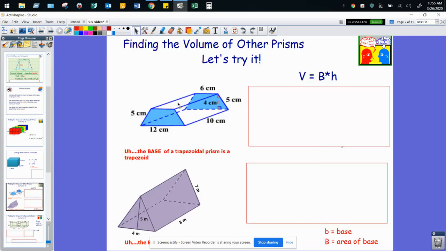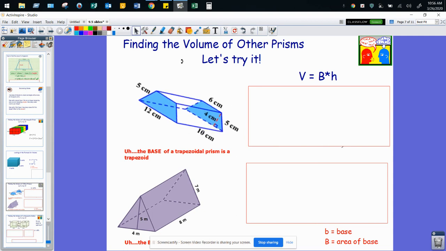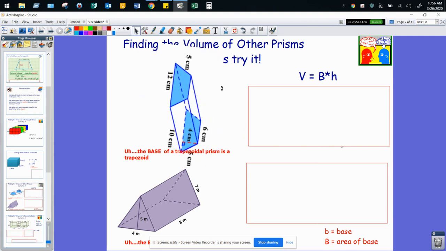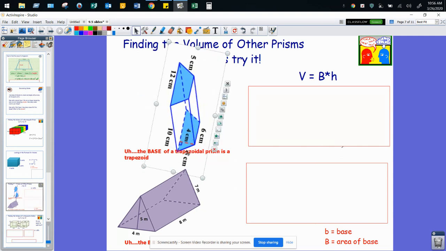If I've got this trapezoidal prism, I've got to think about what is the base. The base is the trapezoid. That's why they call it a trapezoidal prism. I kind of like to rotate these and put them on end because that helps me to think about it. Where's the base? It's the trapezoid, and then I kind of pull up. Have you guys ever seen those collapsible cups that you grab the top and then stretch them out?